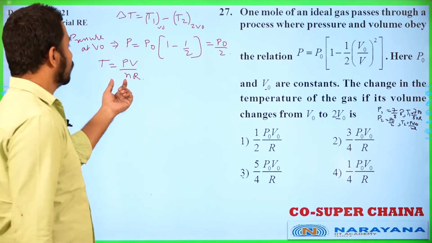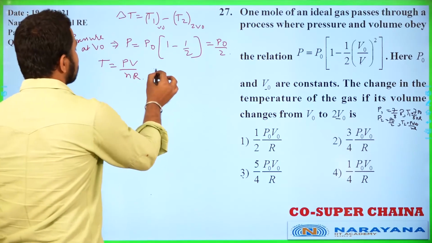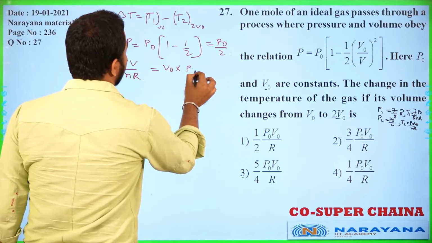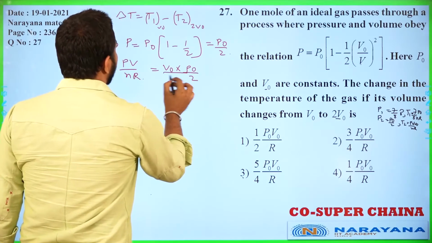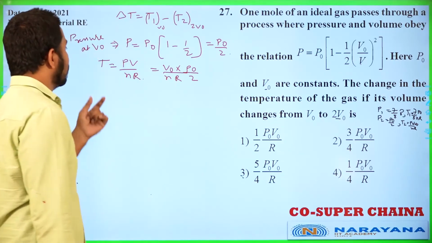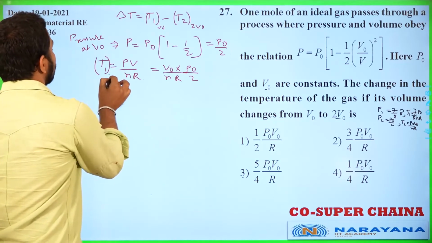Okay, we can substitute the values here. So at V0, if you substitute the value V0 here, it is P0 by 2 by nR. So this is the value we are getting, the T at V0. This is the T1 which we need to calculate here.